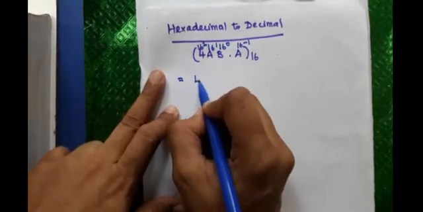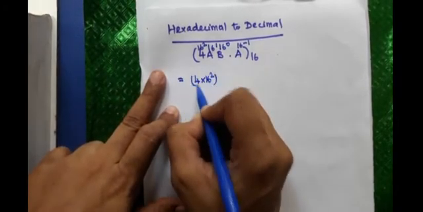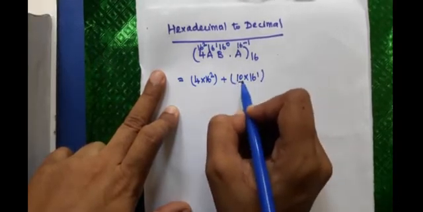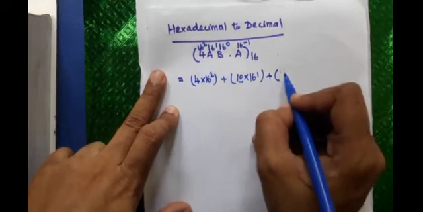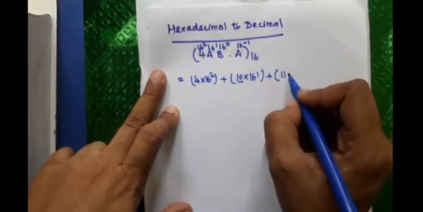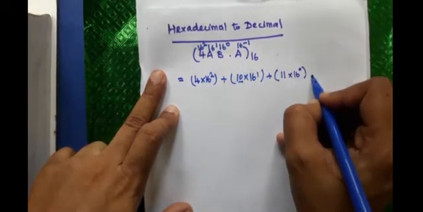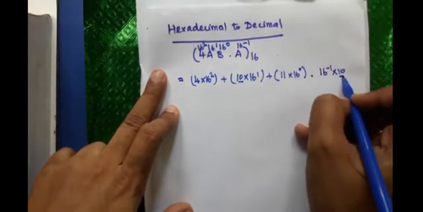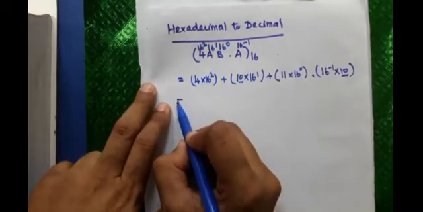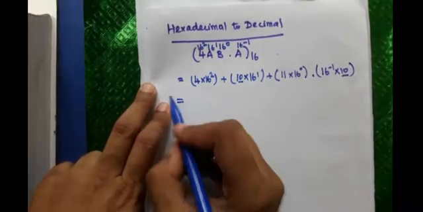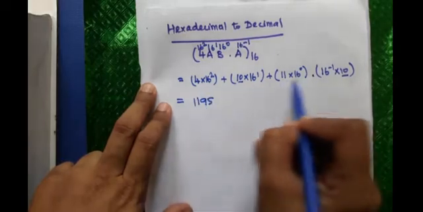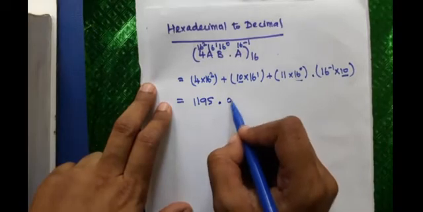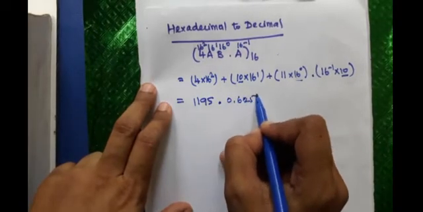So I can write this as 4 into 16 square plus 10 into 16 power 1, where 10 is the equivalent value for A, 11 is equivalent for B, into 16 power 0 dot 16 power minus 1 into 10. 10 is for A. So the answer is 1195 for the whole number part. 16 power minus 1 into 10 is 0.625.